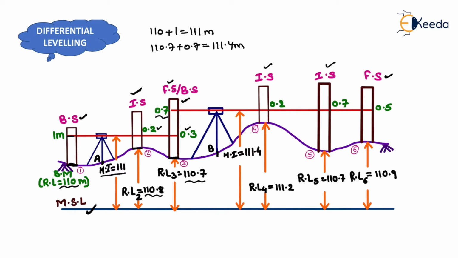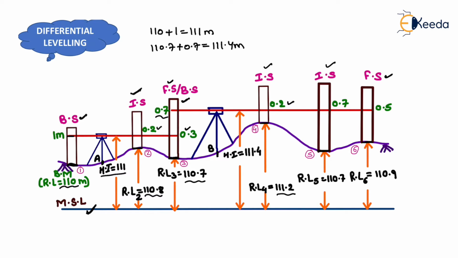Now after computation of height of instrument, we need to find the RL of station 4, RL of station 5 and RL of station 6, for which we need to subtract the intermediate side reading as well as the foresight reading from the height of instrument. Now, 111.4 minus 0.2, it will be equals to 111.2, that will be the RL of station 4.